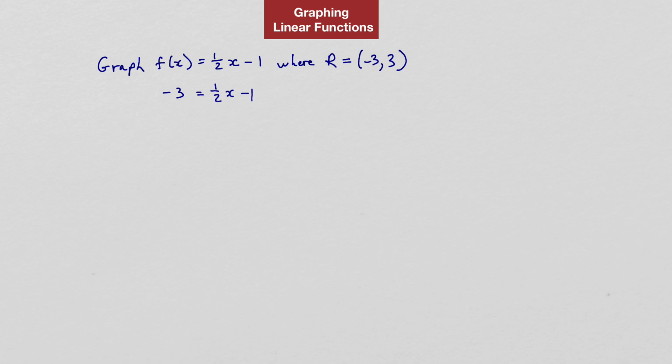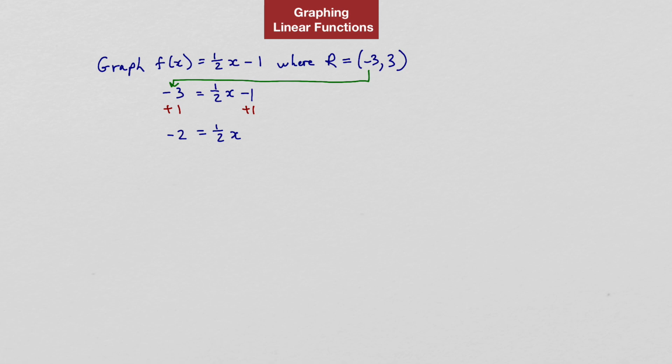Okay, so this -3 goes right here. So we basically rewrote this function down here, but instead of writing f of x, we're now replacing that with -3. Once we have this, we can solve for x. And to do that, we're going to add 1 to both sides and get -2 is equal to 1/2 x.